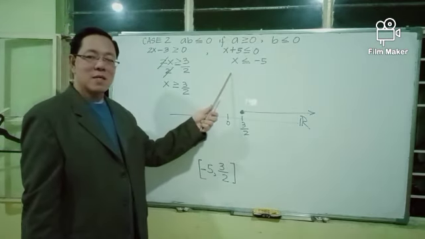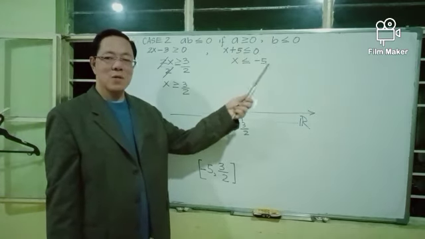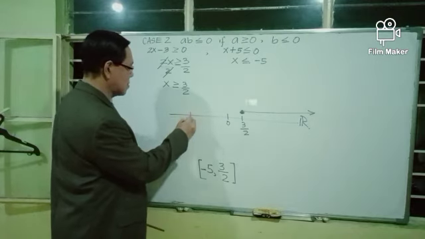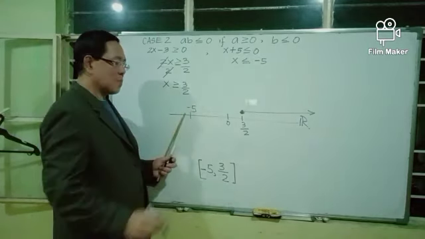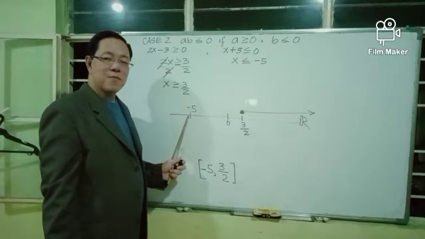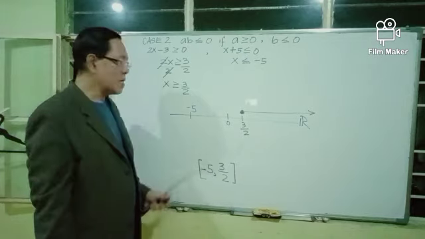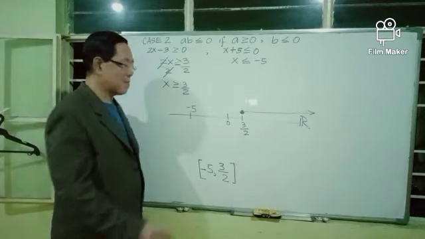And we represent the solution of this linear inequality, x plus 5 less than or equal to 0, in the diagram. Suppose this is the point negative 5. Because negative 5 is a solution, we indicate that in the diagram by a small shaded circle.